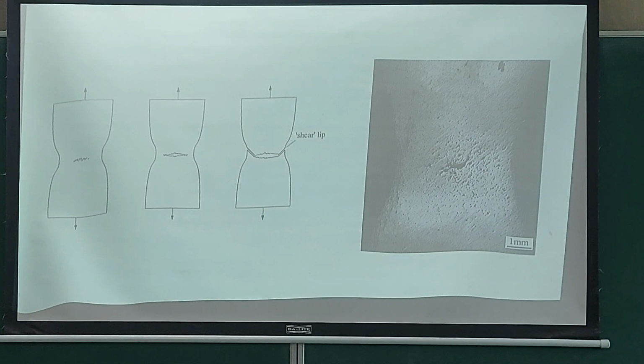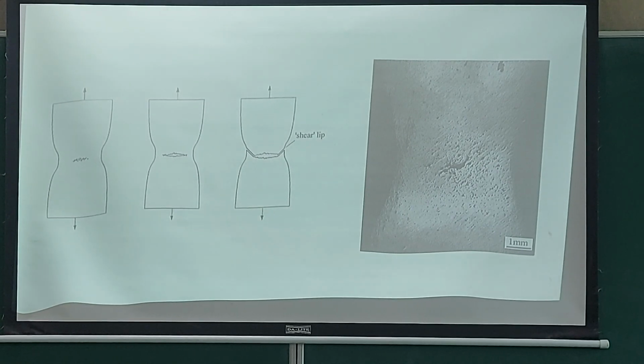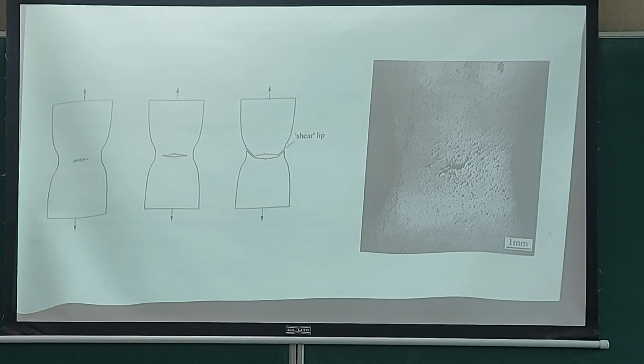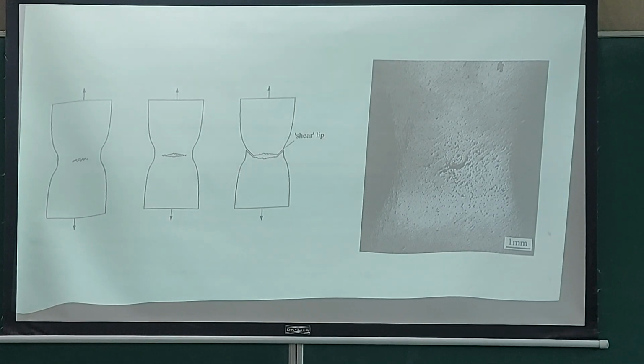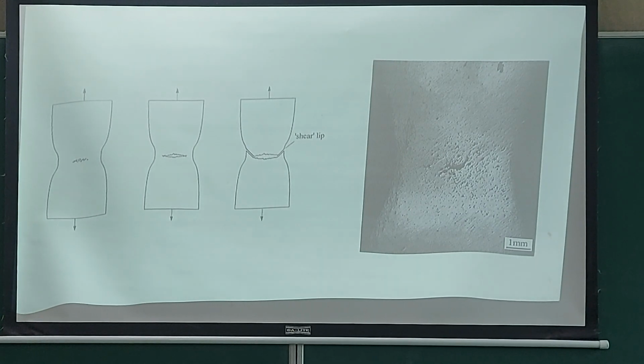Then it will stretch, so it will get thinner and thinner. How will it get thinner? Because the two voids are increasing. That's how it is stretching, and then it will break. So as much as it can thin, that much roughness you will have. That's a representation of ductility of the material.